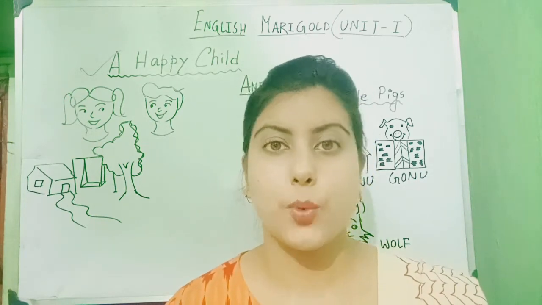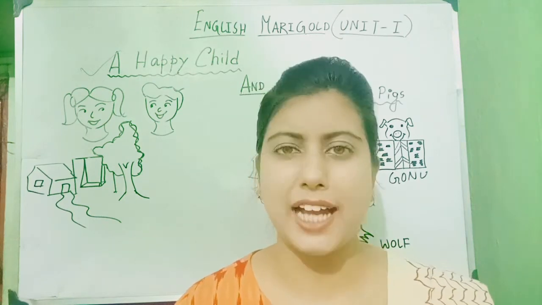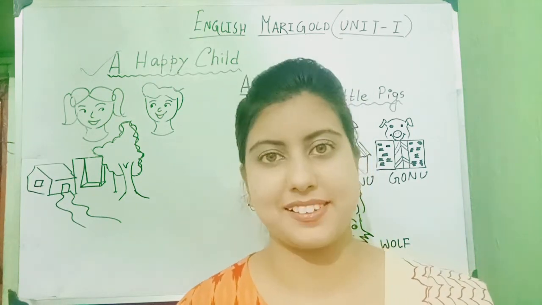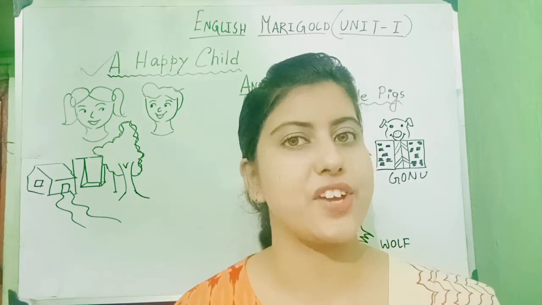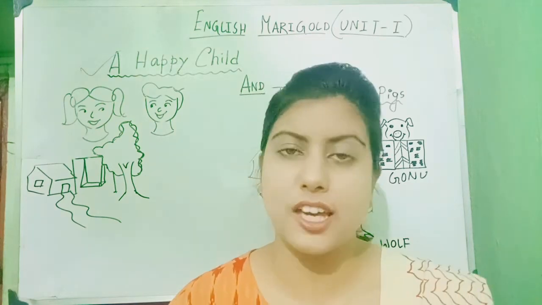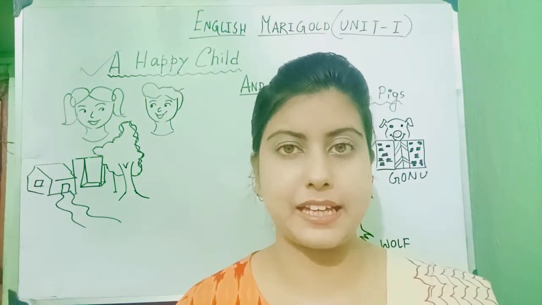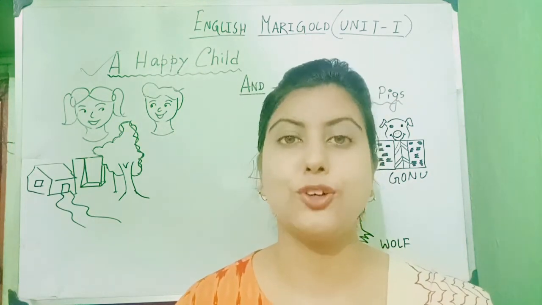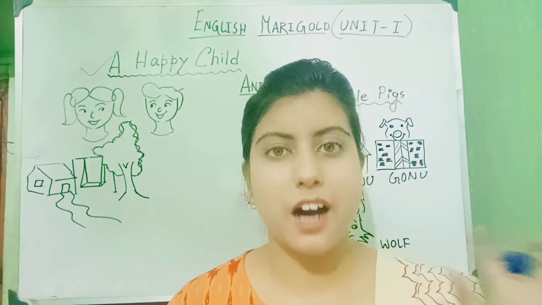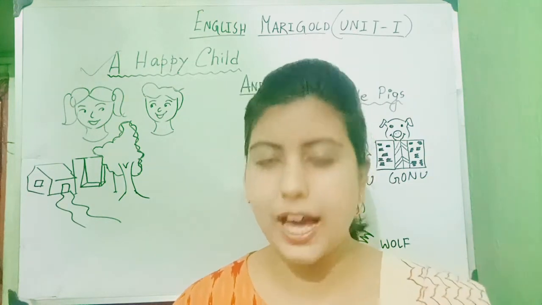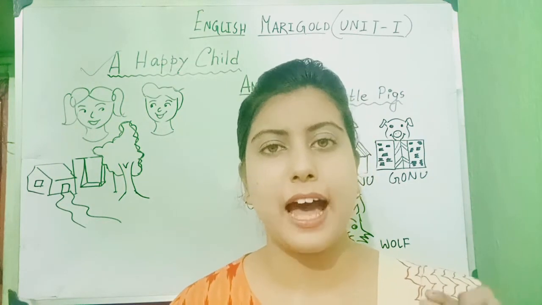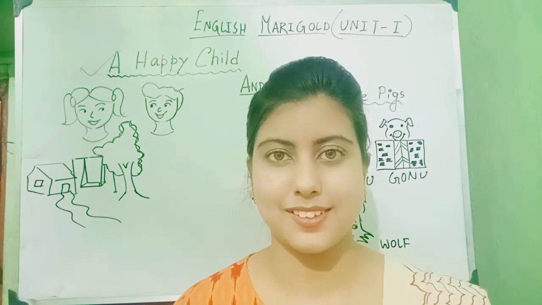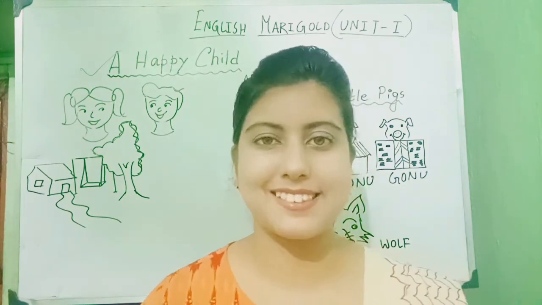That means rarely. The child rarely cries. So the child is very happy as he or she laughs and plays the whole day long. And we also get to know that the color of the house of the happy child is red and it is a little house. Now we will do the next stanza.